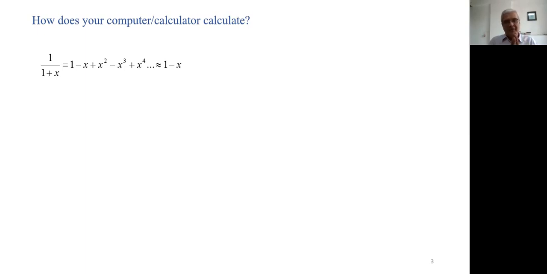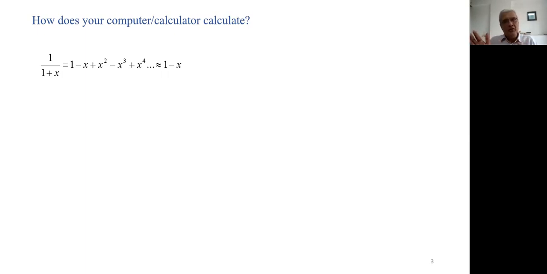So for example, if I have a function 1 upon 1 plus x, I can express it as a series 1 minus x plus x squared minus x cubed and so on. And for very small value of x compared to 1, we can approximate this series as just 1 minus x.